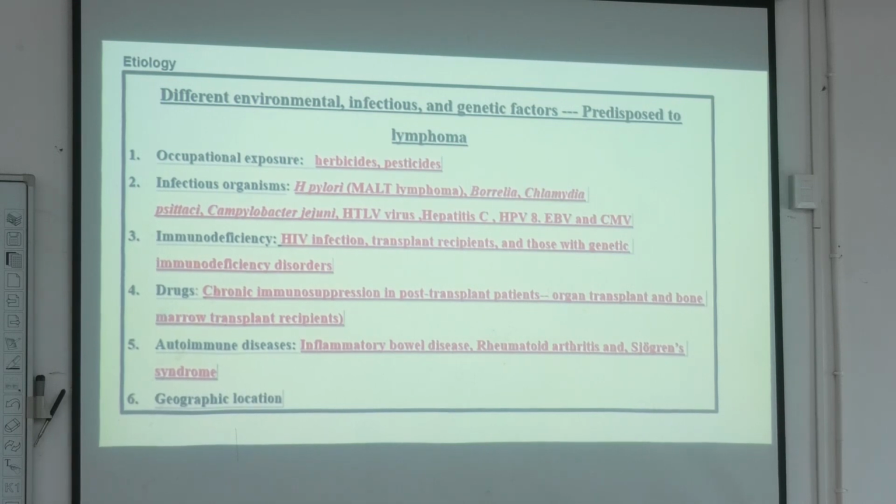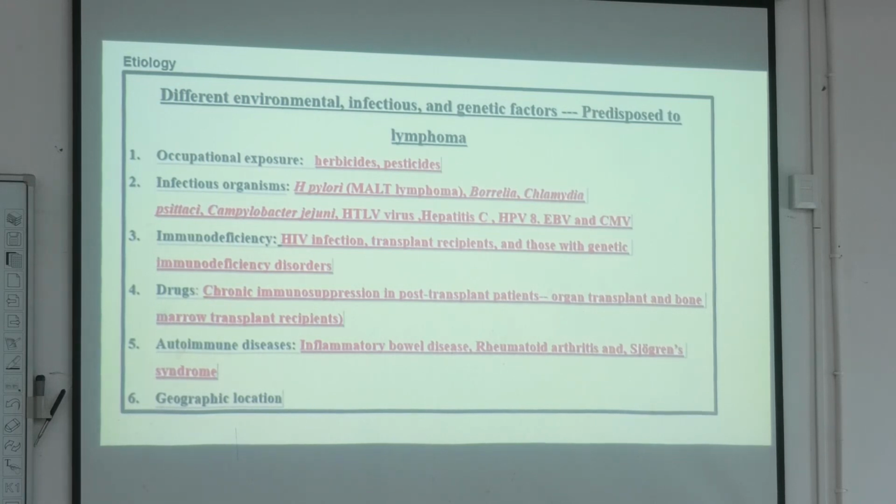Immunosuppressive drugs used in transplant patients also give rise to abnormality of the immune system, and this is responsible for lymphoma. Some autoimmune disorders, such as inflammatory bowel disease, Sjogren's syndrome, and rheumatoid arthritis, give rise to immune dysfunction and are also responsible.